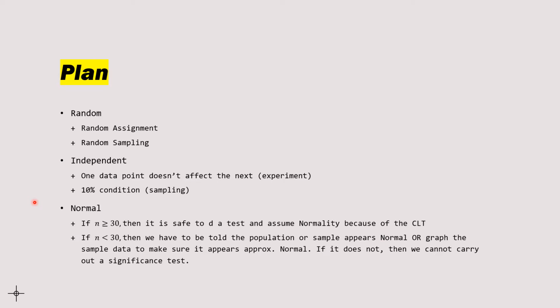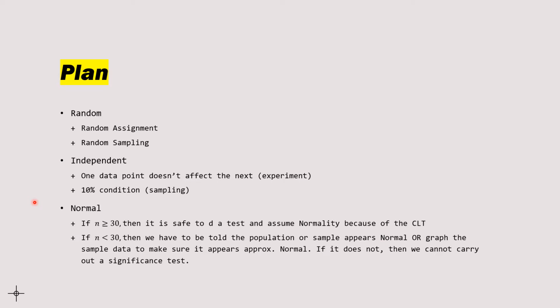If it's less than 30, then you want to look at the dot plot, look at the general shape of it and see, does it fall into a kind of normal curve? Are there no outliers, that type of stuff? Or if it even states that the population is normally distributed, then you could say that the sample would be as well, and that falls under normal.